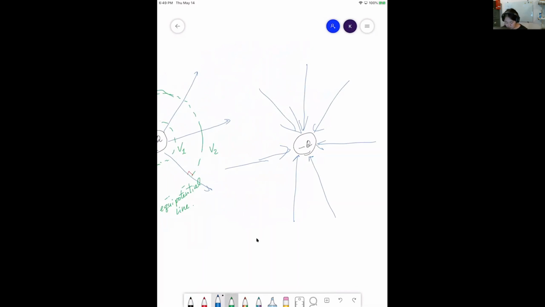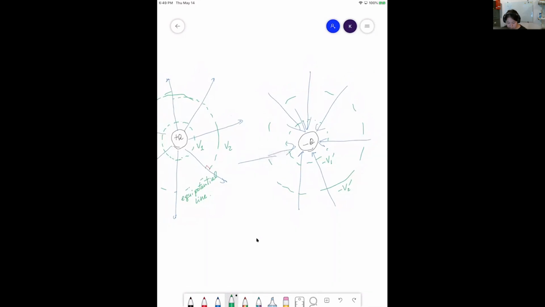Then again, the equipotential line for the minus Q, the closer it is, the lower the potential. And the farther you go away, it's more negative here, and then farther away you're going to get closer and closer to zero, bigger and bigger in value. So I hope you understand that.